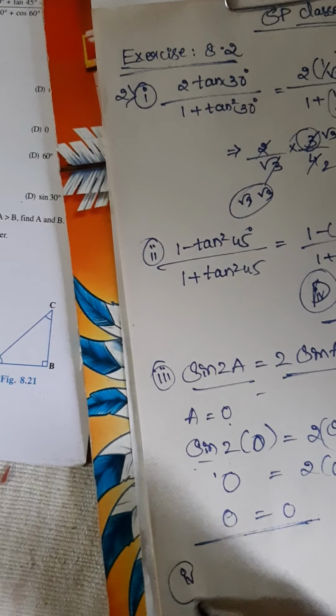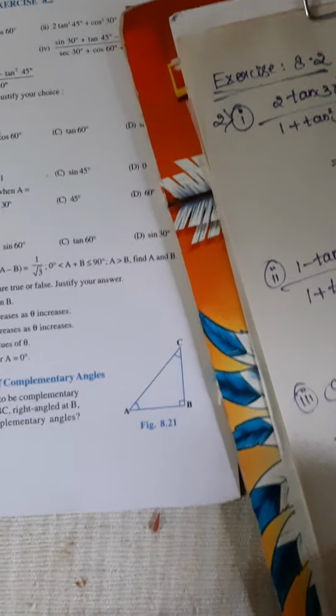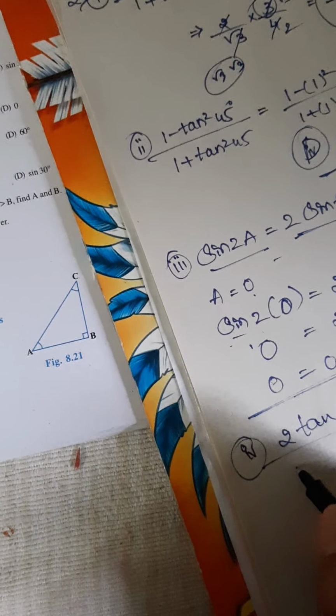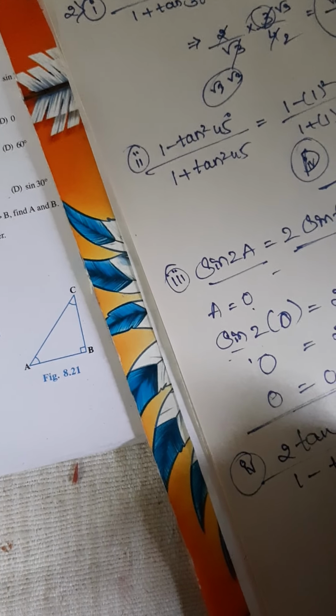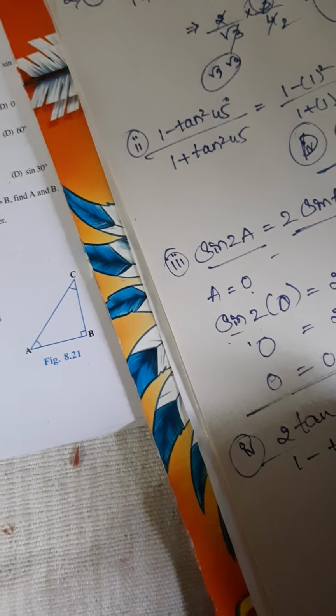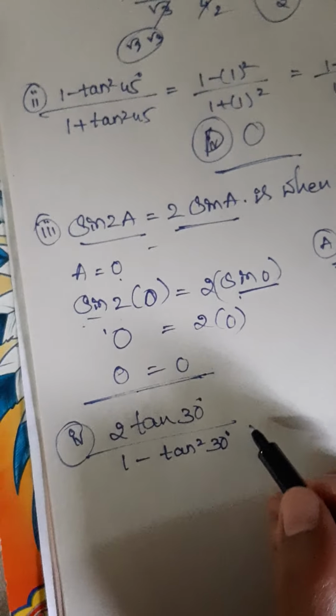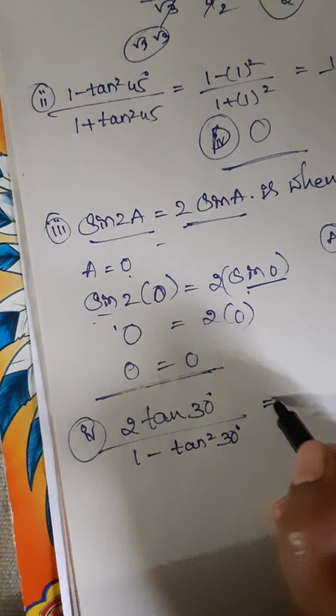In the fourth question, what we are having here is 2 tan 30 degree divided by 1 minus tan square 30 degree. For this, it is similar to the first question type only.